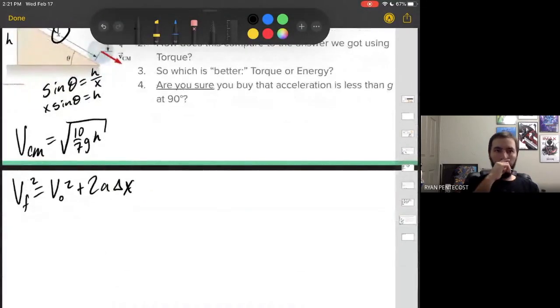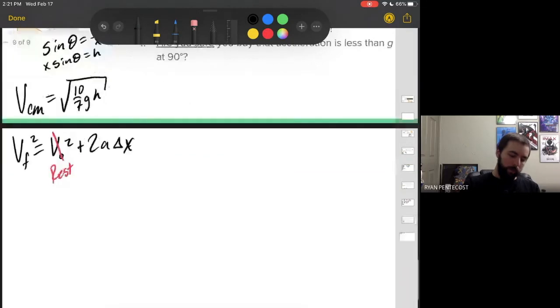Now, we also, okay, we're starting at rest. So that's gone. So let's substitute this in. Our v is in a square root, so v squared, we're going to get rid of that square root. So here we have 10/7 g x sine theta equals 2ax, right?